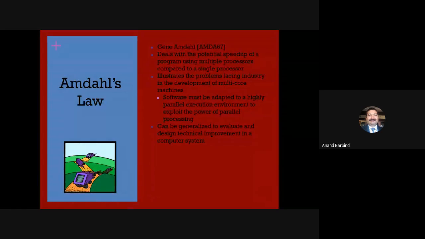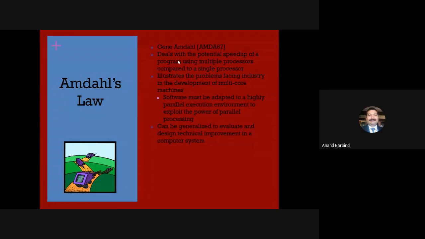Then, to measure the performance, one of the important measures is Amdahl's law. Typically, whenever you are going to upgrade your computer, the effect of upgrading on the performance of that particular computer is specified by Amdahl's law.